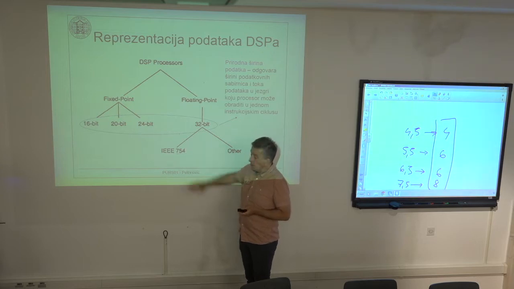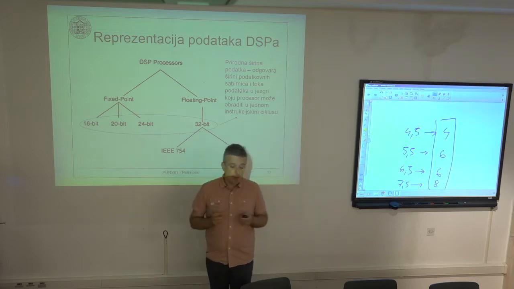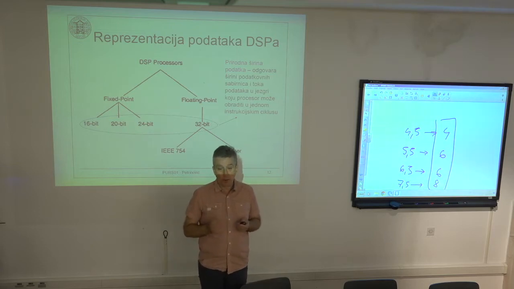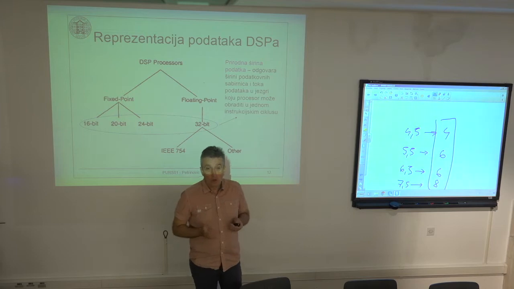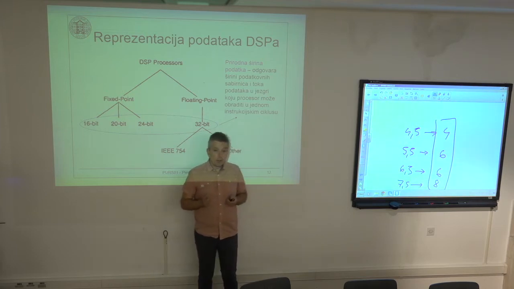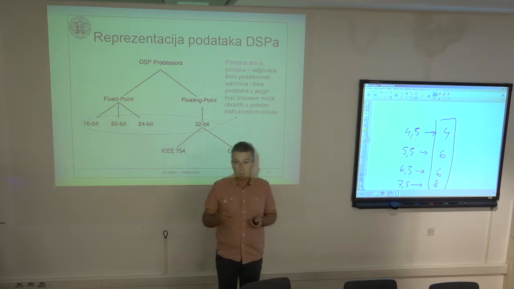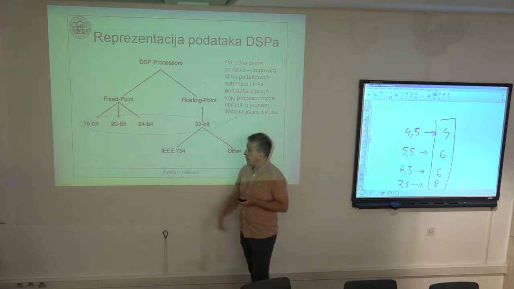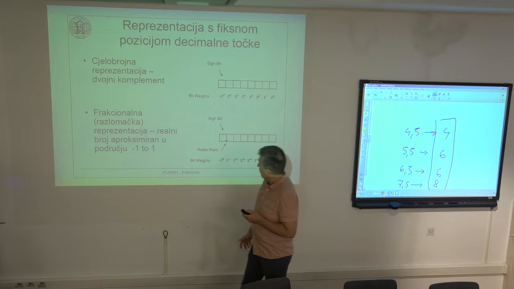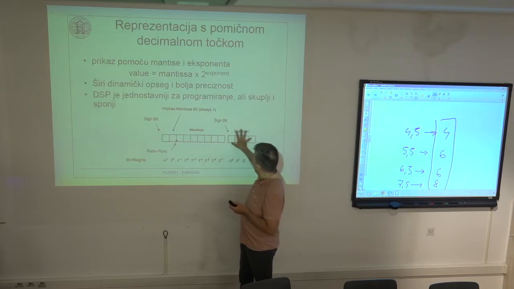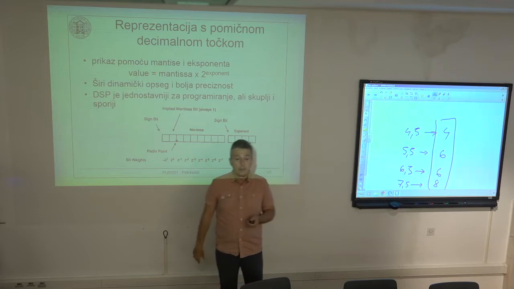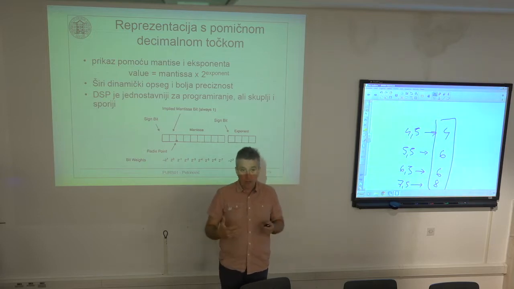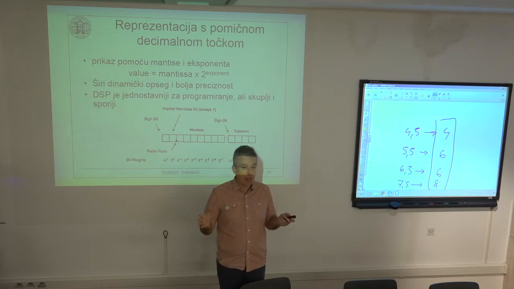Single uses 4 bytes, so 32 bits, to represent a floating point number, and double uses 8 bytes. Obviously, the dynamic range as well as accuracy is increased in double floating point in comparison to single, because the width of the mantissa is increased and the width of the exponent is increased. So both are enlarged, to represent a larger dynamic range of numbers and higher accuracy.